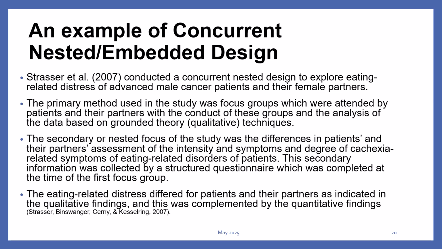Similar to what we did in previous mixed method designs, now we will take an example regarding concurrent nested embedded design. Again, the main essence of this design is that you have a primary method and a secondary method, and you embed or nest the secondary method within the primary method to address a research question different from the one addressed by the primary, or dominant, method.